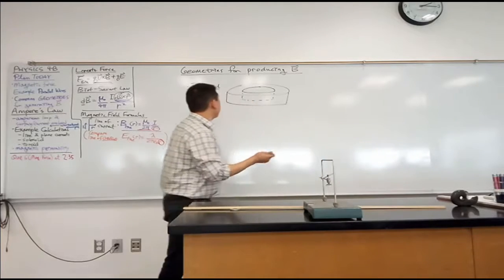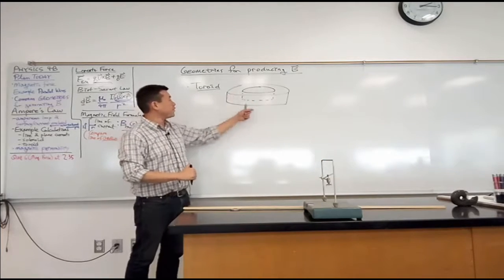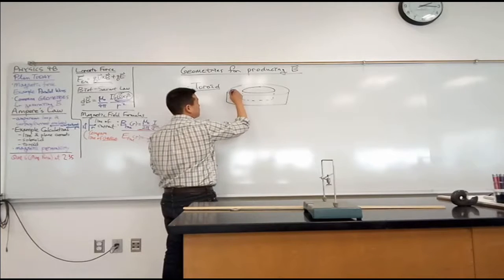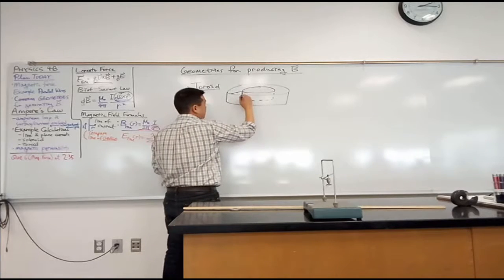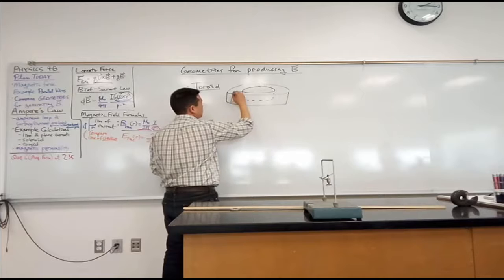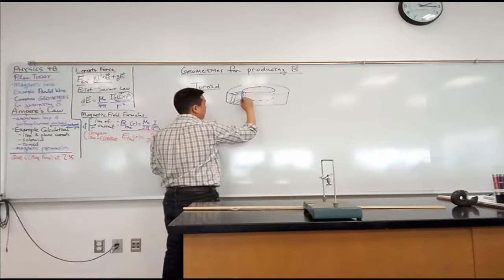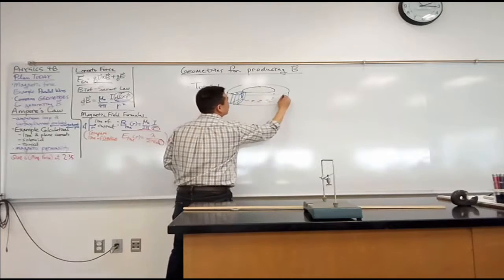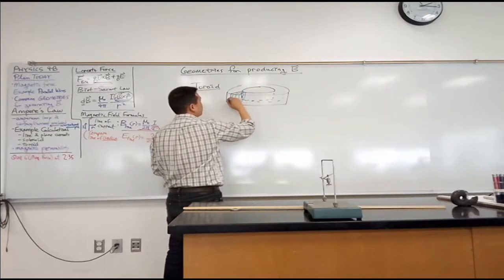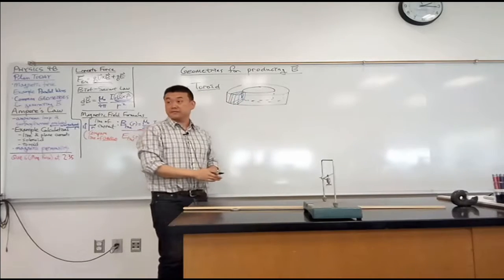The current wraps around the outside. It wraps around here, goes here, comes down here, goes back here, comes up. So you have to imagine this loop going around the whole thing and ending back here.